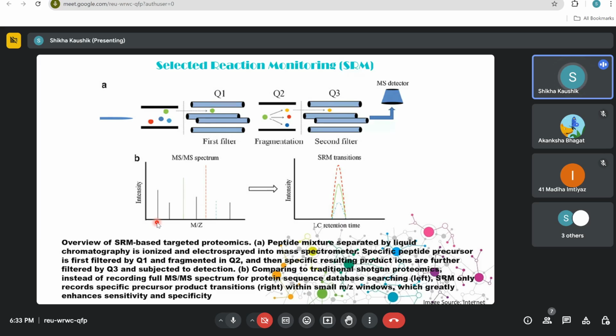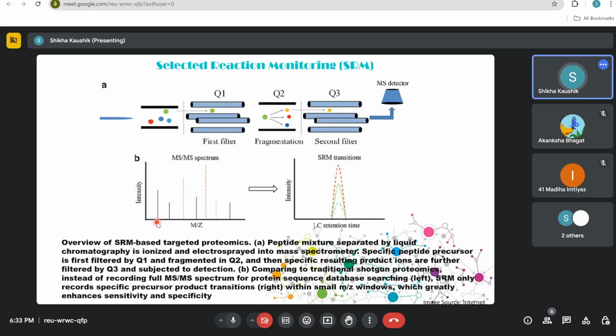So we send our entire data first into discovery proteomics, and there you select certain things. Here they have separated their protein mixture that they want to analyze through liquid chromatography, then ionized it, electrosprayed it, and sent it to the mass spectroscopy.